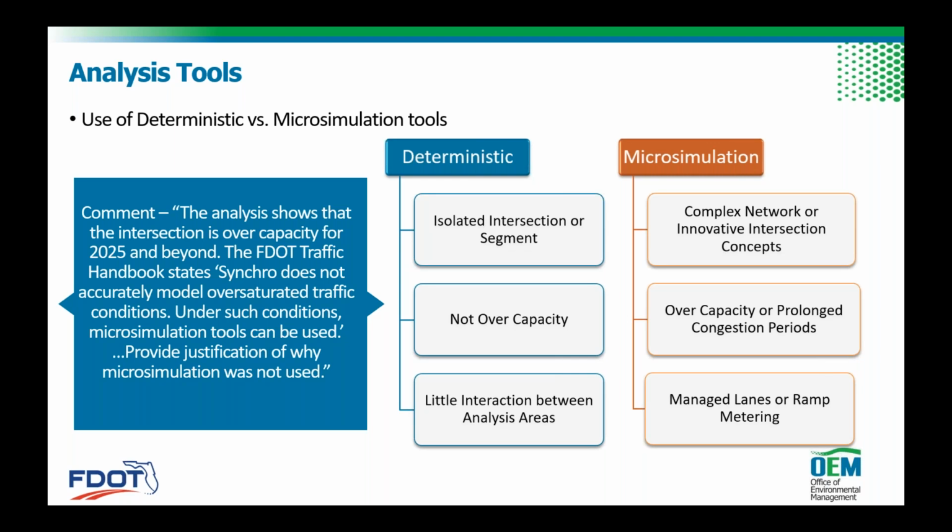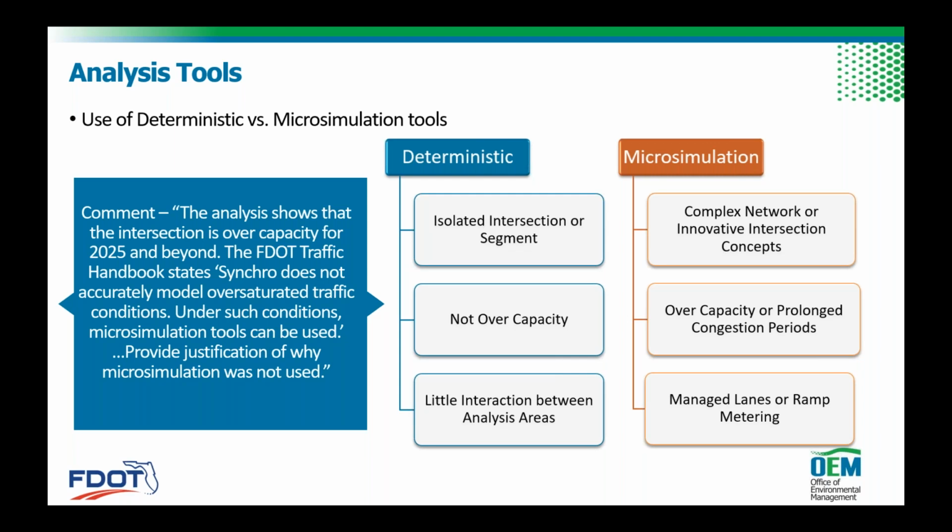The comment given here is really about the difference between simulation types. The analyst's comment shows that the intersection is over capacity for 2025 and beyond. The FDOT Traffic Handbook states Synchro does not accurately model oversaturated traffic conditions. Under such conditions, microsimulation tools can be used.